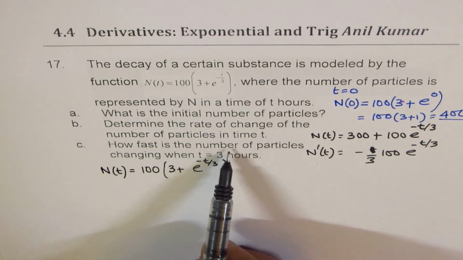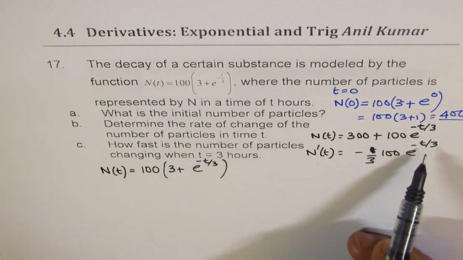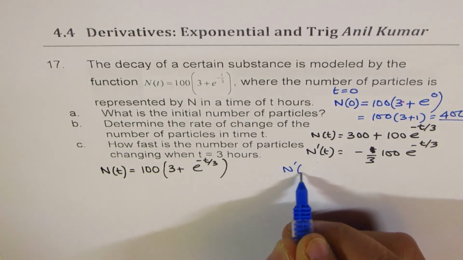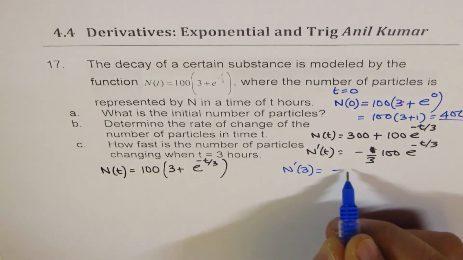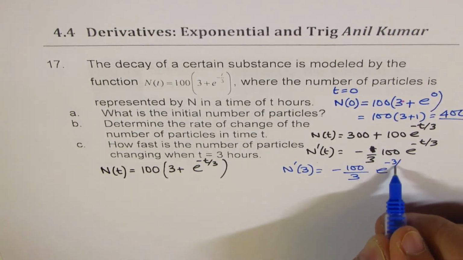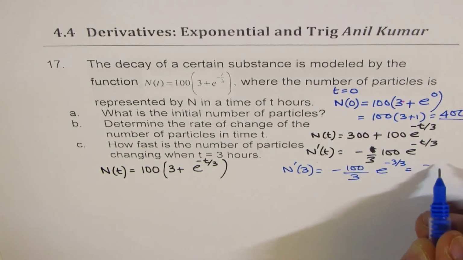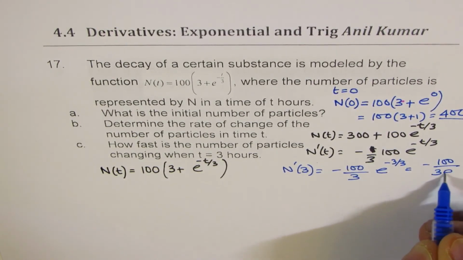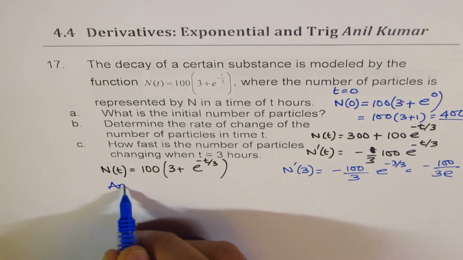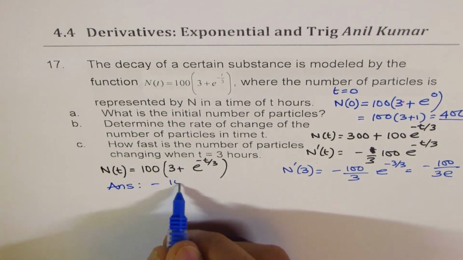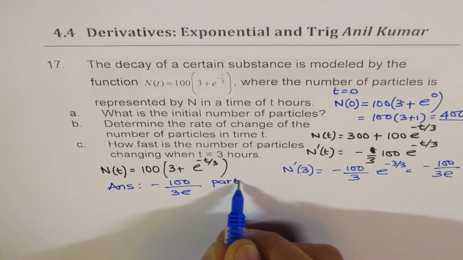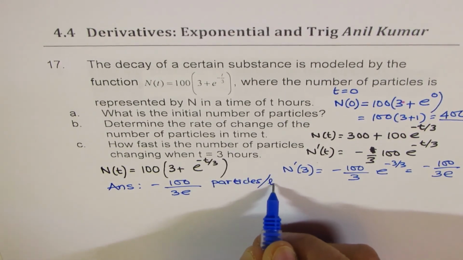How fast is the number of particles changing when t equals to 3? So let me substitute 3 here and do the last part. So at 3, it is minus 100 over 3 e to the power of minus 3 over 3, which is minus 100 over 3e. That is your answer, in number of particles per hour. So the answer is minus 100 over 3e particles per hour, right?